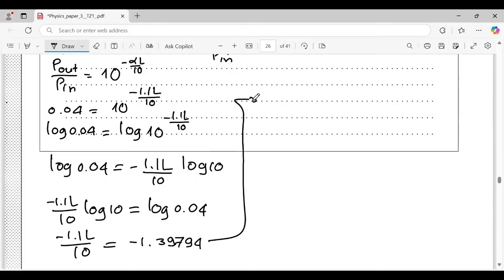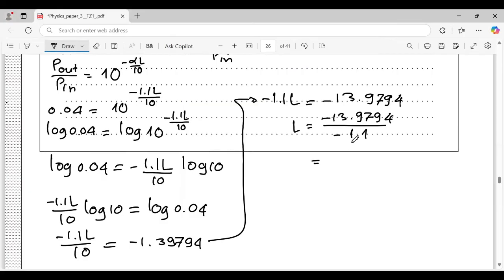So minus 1.1 L equals 10 multiplied by this number, which is minus 13.9794. So L, the maximum length, is minus 13.9794 over minus 1.1.